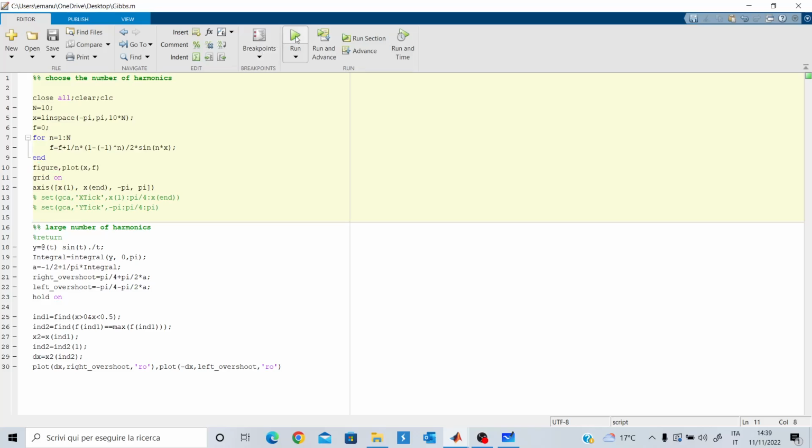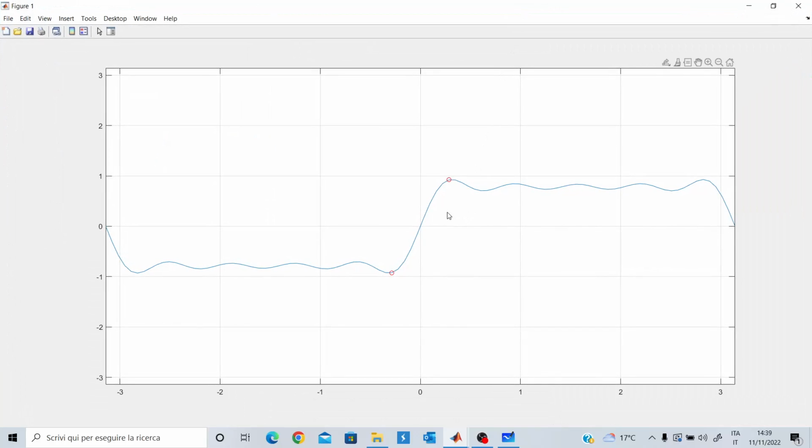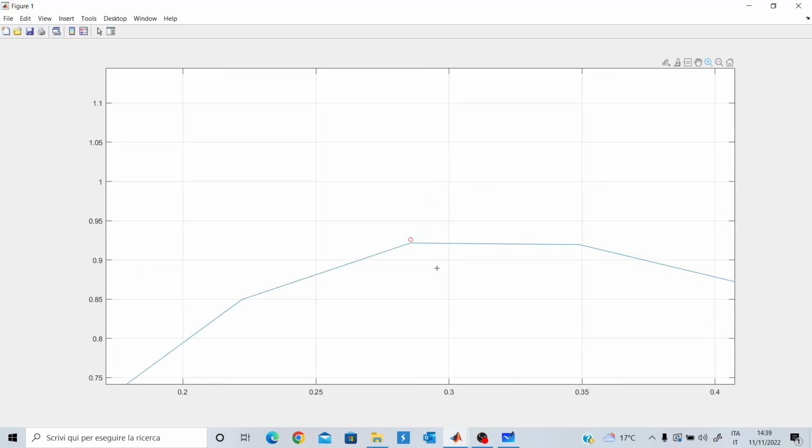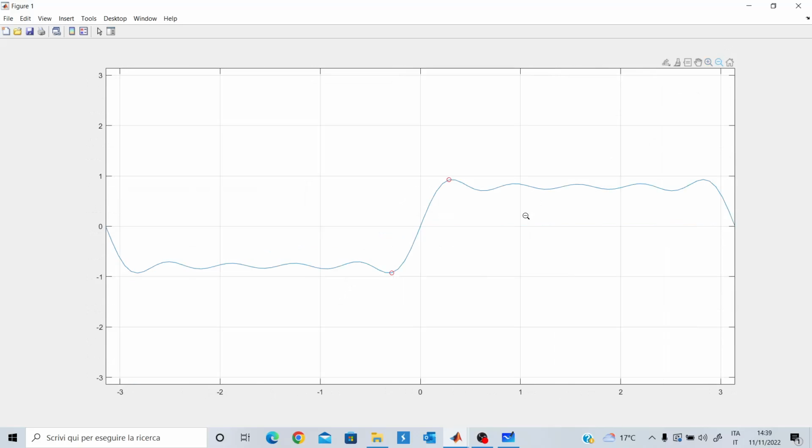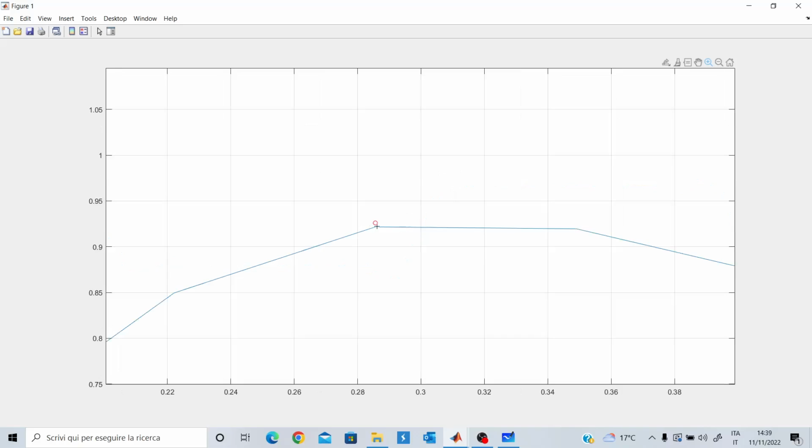So let's first start with 10 harmonics. Here you can see that the function has the following form. This is the overshoot. The theoretical overshoot is not exactly coincident with the function itself. So in this case, I have plotted the theoretical overshoot near the maximum of the function.